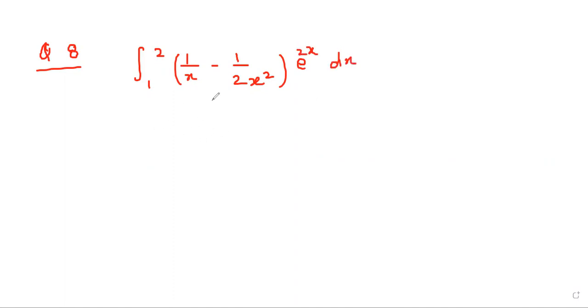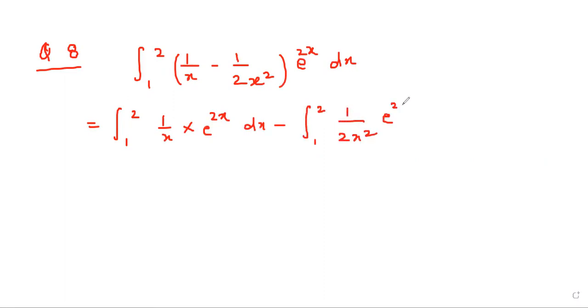Here we can separate it like 1 to 2, 1 upon x times e power 2x dx minus 1 to 2 integration 1 upon 2x square times e power 2x dx. Let's integrate the first part, keeping the second part intact.